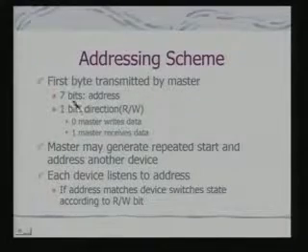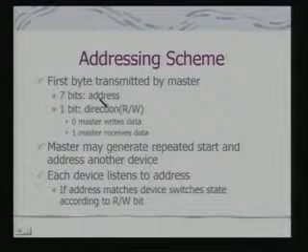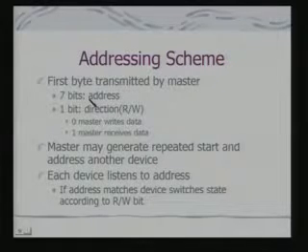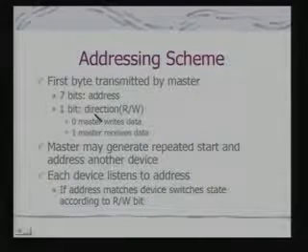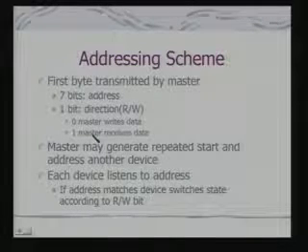The recipient will always generate the acknowledge bit after transmission of 8 bits. So, this is the basic addressing scheme. There are 7 bits used for addressing the slave devices, so each slave device can have a 7-bit address. The 8th bit is the direction bit which tells you whether it is a write or read.